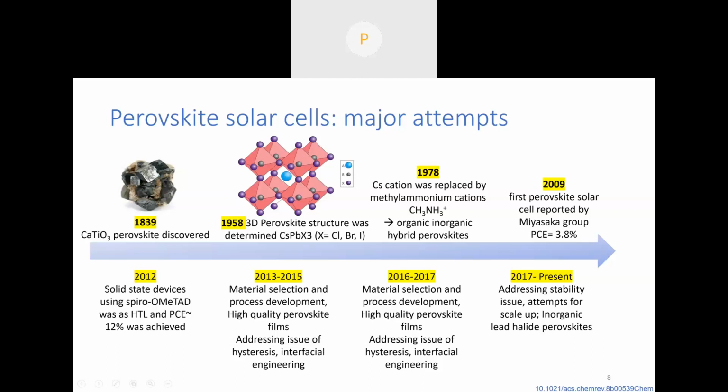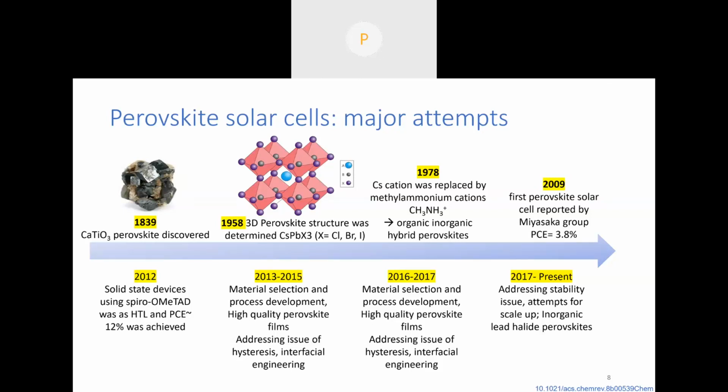Then in 2009 it was DSSC type. Then in 2012 solid state perovskite solar cell devices were made using the spiro-OMeTAD hole transporting layer, and the efficiency went from 3.8% to 12%.